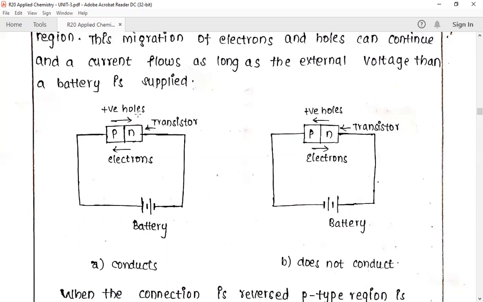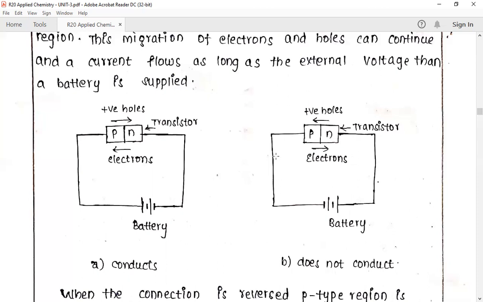Whereas, if the negative terminal of a battery is connected to the P type semiconductor and the positive terminal of a battery is connected to the N type semiconductor, here the negative voltage is here only. That means the holes are attracted towards this direction.